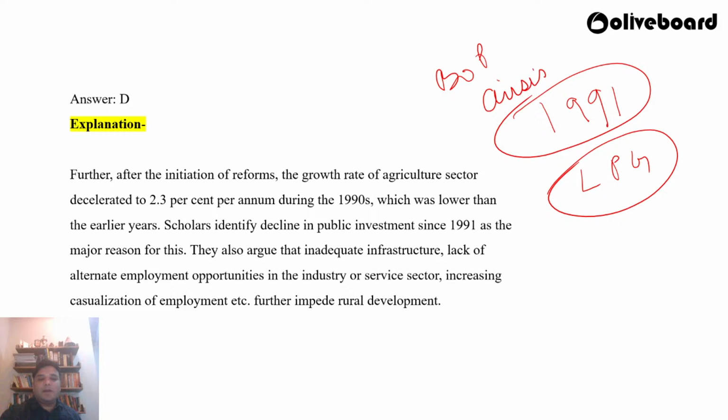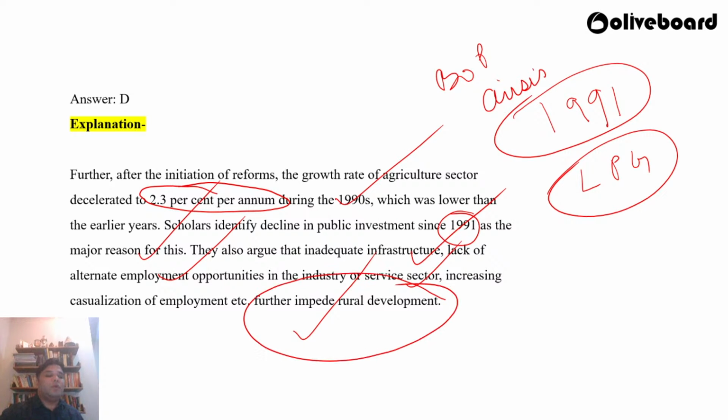Okay, not accelerated, but decelerated to 2.3% per annum during the 1990s, which was lower than the earlier years. So scholars have identified the decline in public investment since 1991 as the major reason for this. They also argue that inadequate infrastructure, lack of alternate employment opportunities in the industrial service sector, increasing casualization of employment have further impeded rural development.